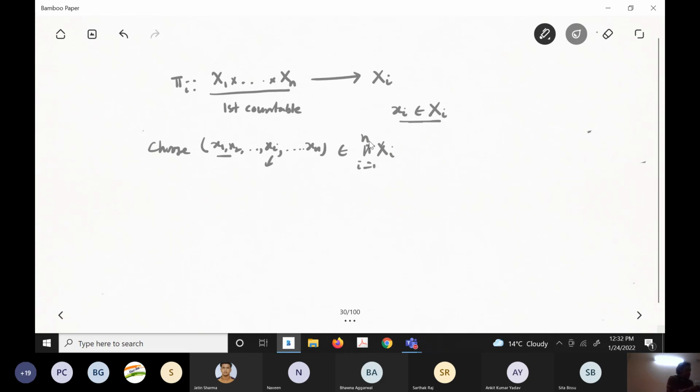So that this is first countable. Call it X. So there exists a countable local base, Bx at X in the product space.